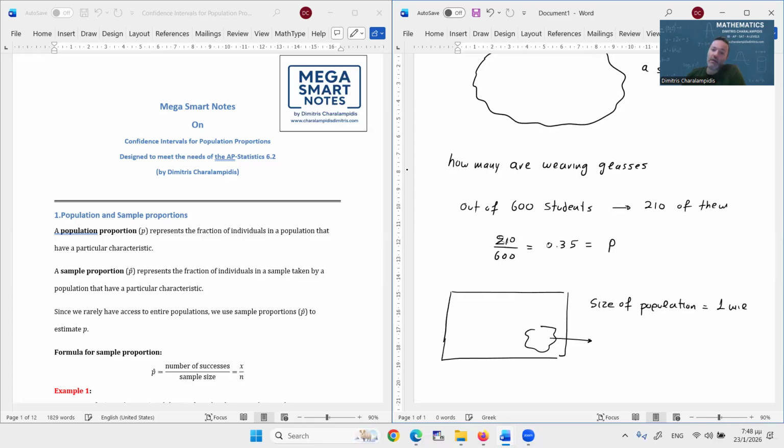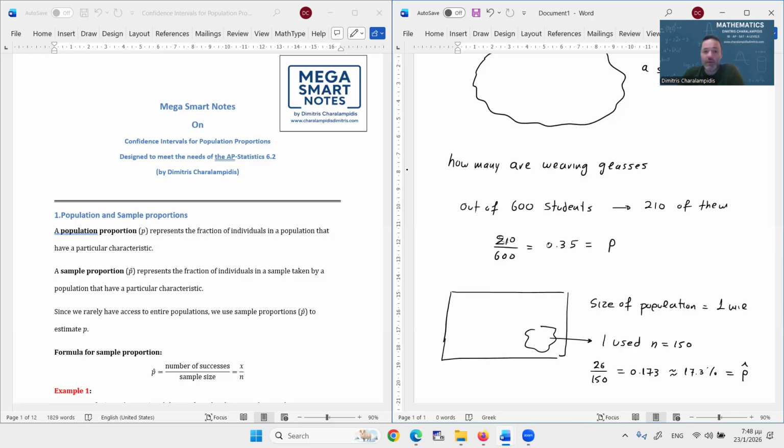Let's say that I used a sample of size 150. Out of these 150 citizens, I found that 26 of them, 26 out of 150, create a proportion of 0.1733, which is close to 17.3%. That is the sample proportion of this characteristic, which is symbolized by p hat.